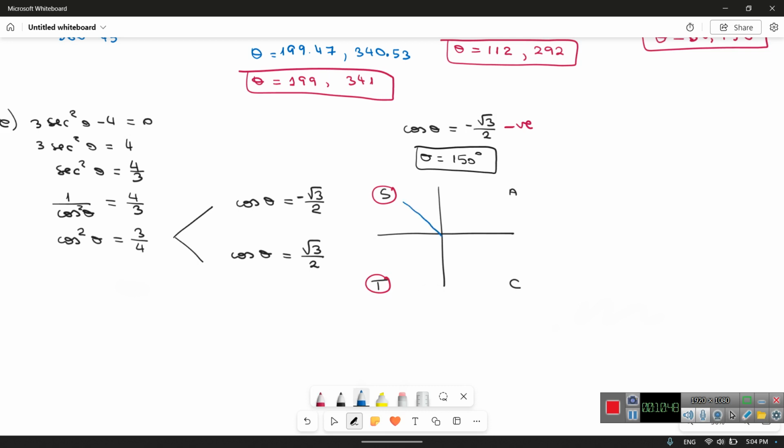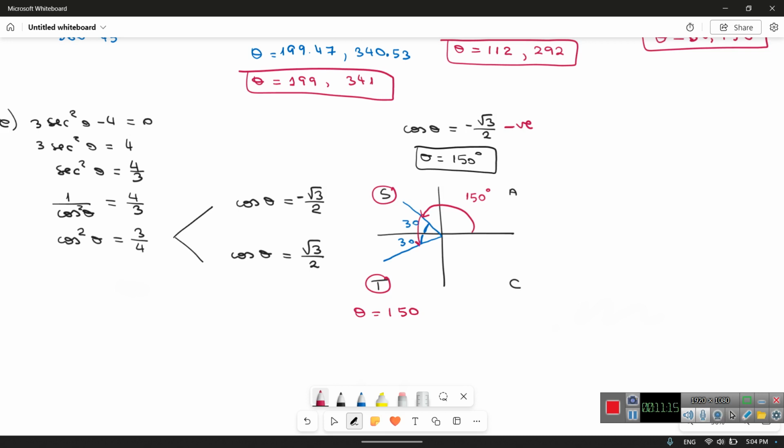To work out the angle with the horizontal, we know the first angle given on our calculator is 150, so this angle must be 30 degrees. We want to read out all the values. The first angle is the 150 given on our calculator.